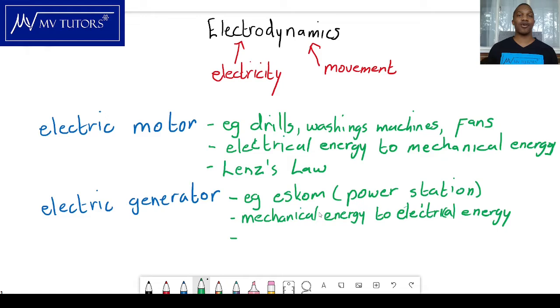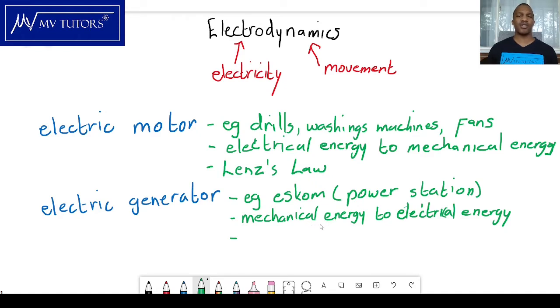They take the coal, they heat it up, there's water involved, and they heat up the water, and then the steam turns the turbines, and those turbines then generate electricity, and then they pass it through to you. But also there's hydroelectricity, so, mechanical energy.